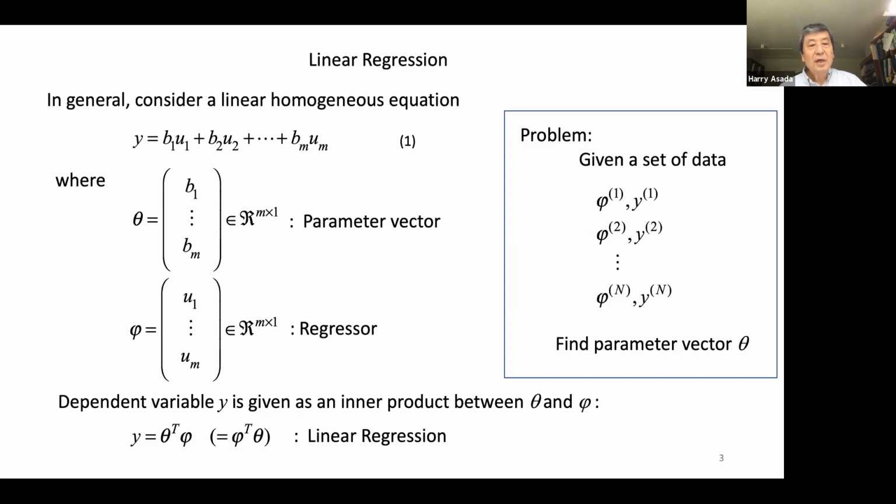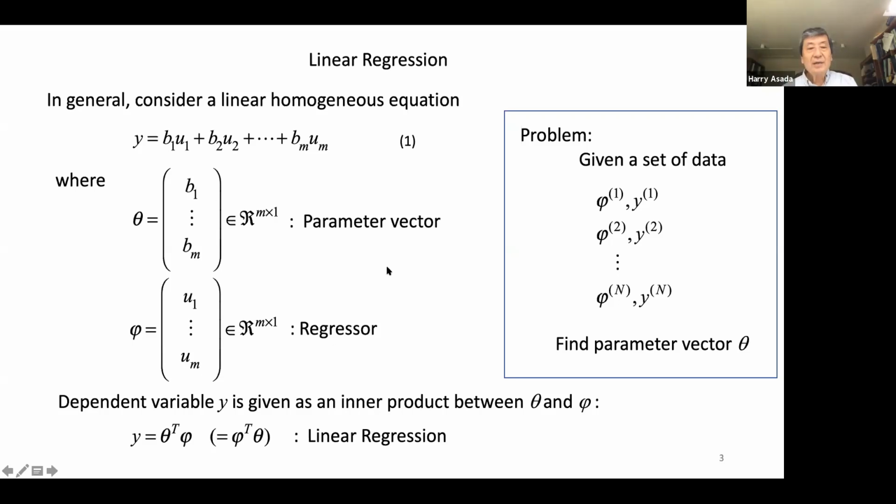parameters involved. And in systems and estimation theory, we often use the vector theta. We combine all the parameters to estimate, B1 to Bm. Therefore, theta is an m-dimensional vector. Accordingly, we like to put U1 to Um into an m-dimensional vector. It's called a regressor.